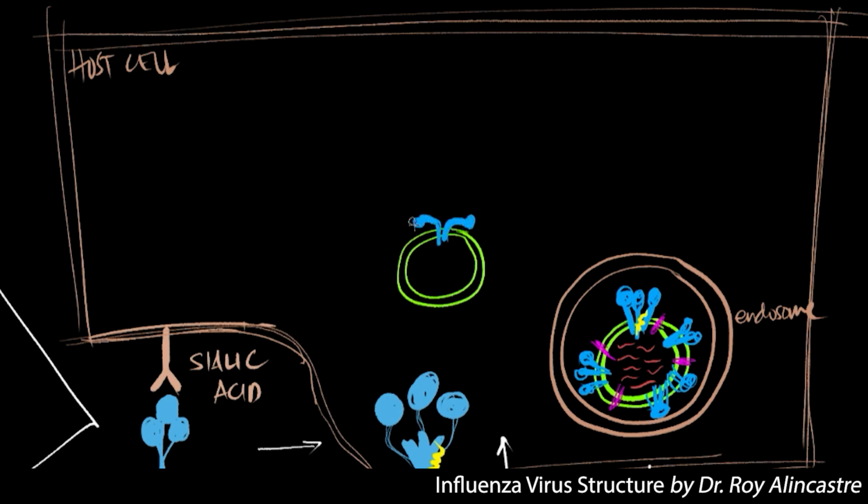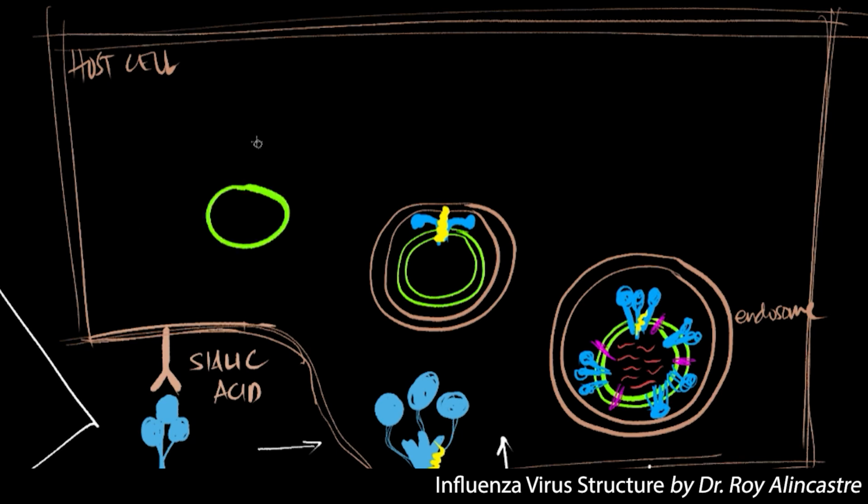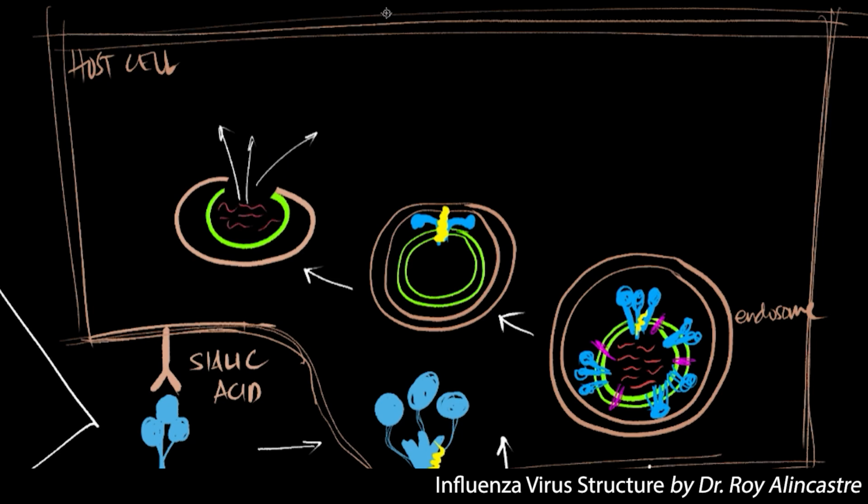The HA1 subunits now bend, allowing the fusion peptide, which was hidden at first, to attach to the endosome membrane, causing it to fuse into one membrane, which will then open and release the viral RNA segments into the cytoplasm, which then enter the nucleus.